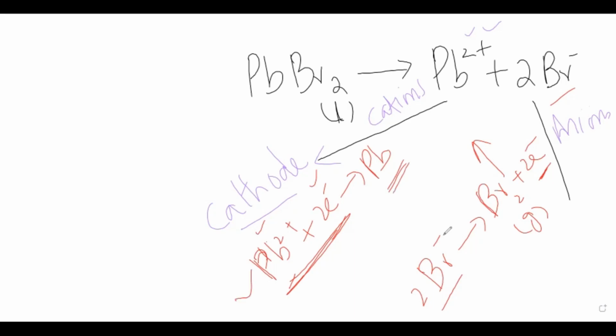This is how to write the half equation of the cathode reaction, and this is the anode reaction. The chemical change happening at the cathode is called the cathode reaction, and the reaction happening at the anode is called the anode reaction. So Abdullah, now you will tell me, is this loss of electron or gain of electron?